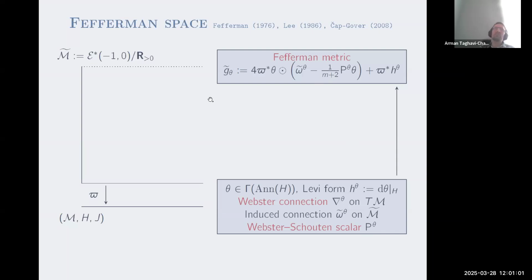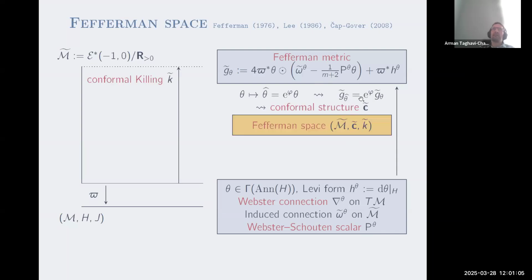Now, if I change contact forms, I get a change of conformal structure. There are plenty of changes of these quantities, but the end result is that the Fefferman metric of the new contact form is conformally related to the Fefferman metric I started from.